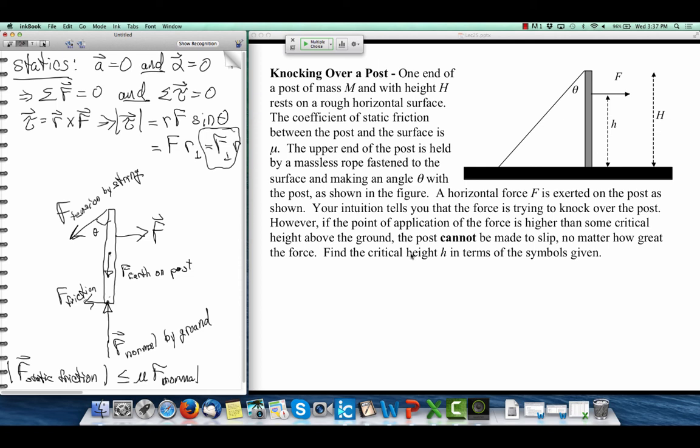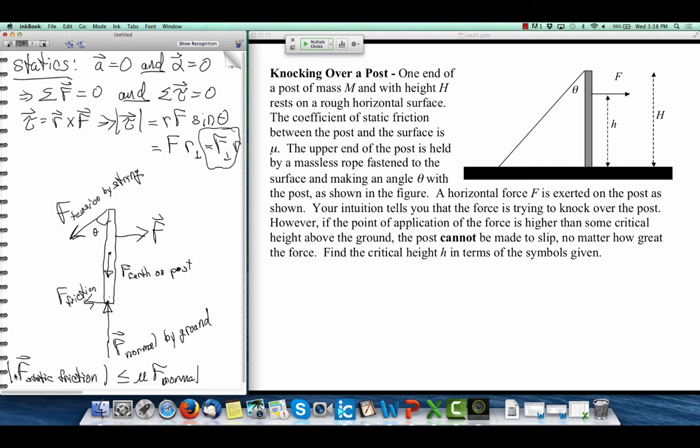You can't slip this thing out. Now that presumes that the tension force can get as big as you want it to be. That presumes that the force in the other direction, the horizontal component of that, can be as big as you need it to be.